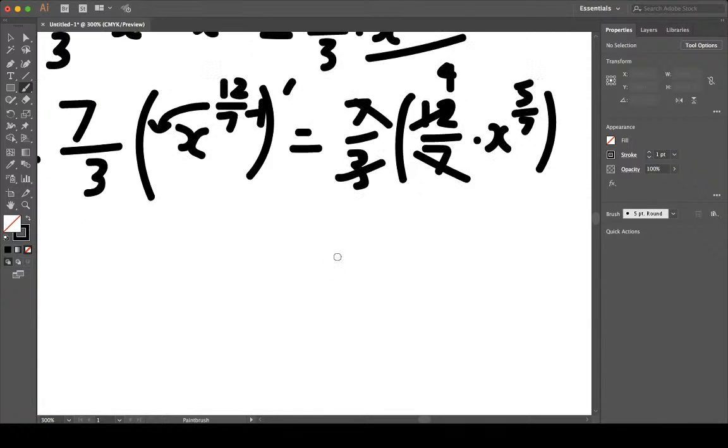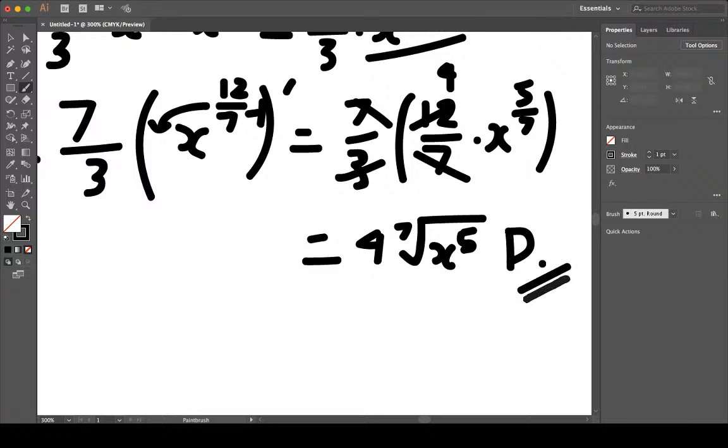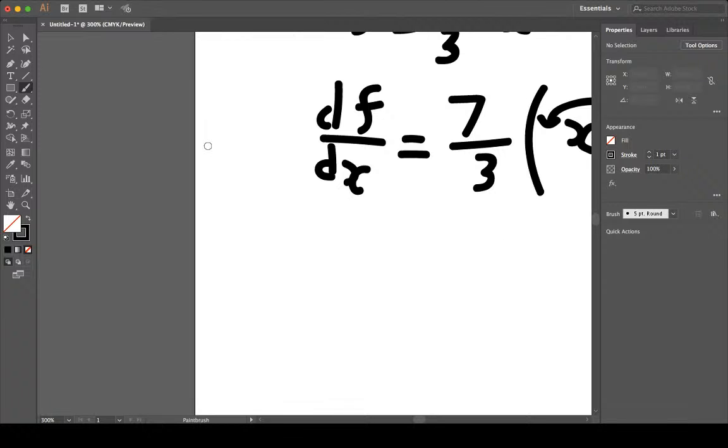So we would actually get 4 times the 7th root of x to the power 5. Boom, there we go. And that would be, in my problem here, it would be d. So yeah, that's how you actually try to find the derivative of a function. It's basically very simple.